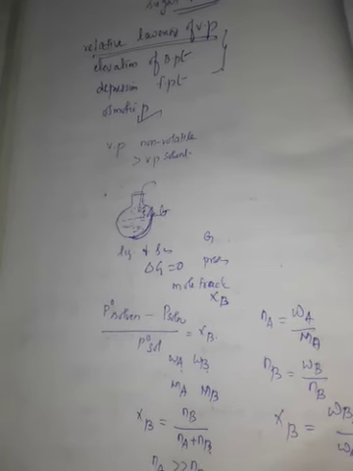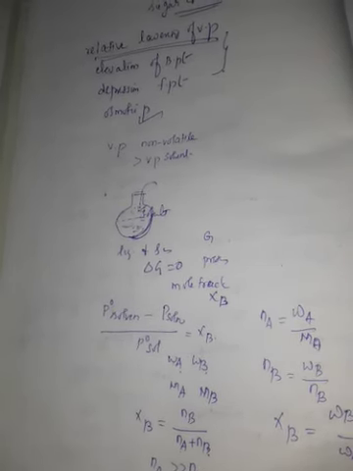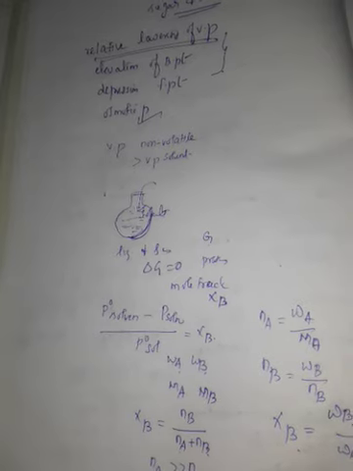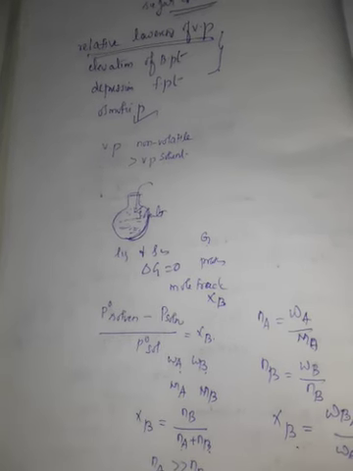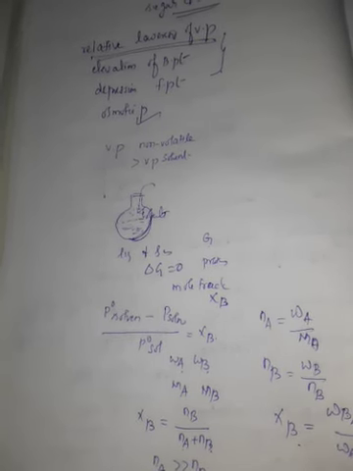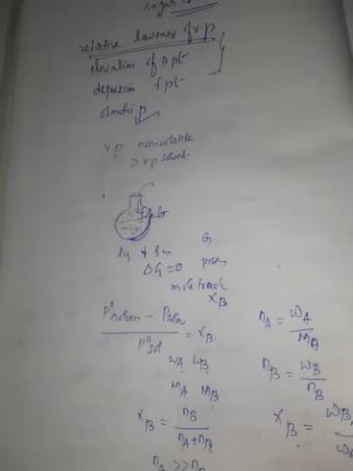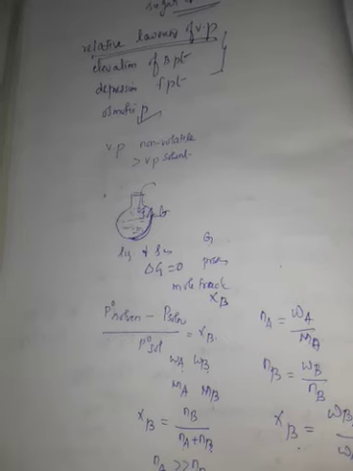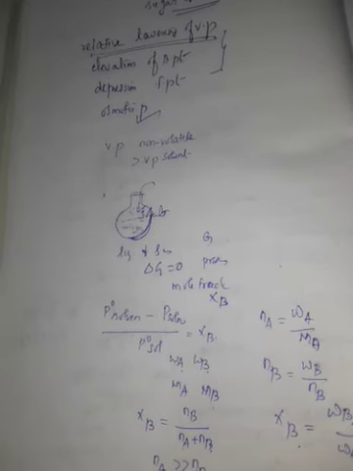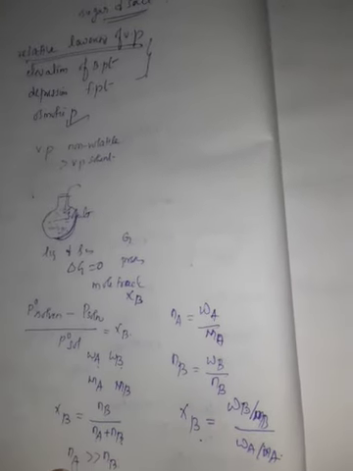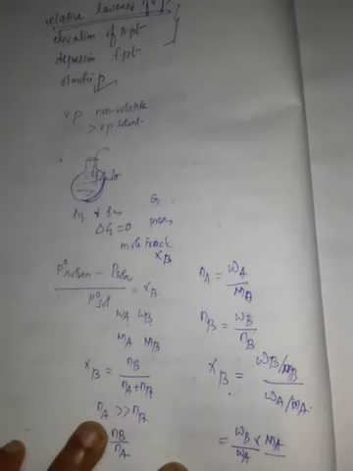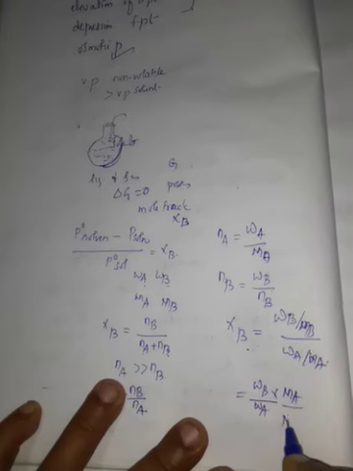Thus, relative lowering of vapor pressure is equal to (Wb by Mb) by (Wa by Ma). Therefore, it is written as Wb by Wa into Ma by Mb.